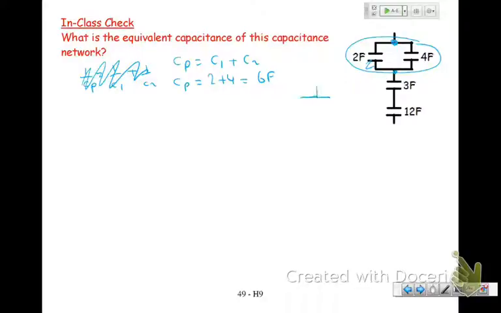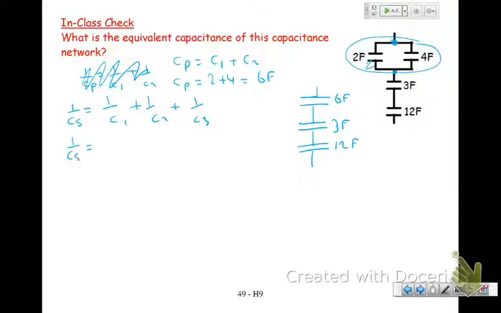So what I do now is I redraw my circuit. That's 12 farads, that's 3 farads, and that's 6 farads. And I go 1 over C series equals 1 over C1 plus 1 over C2 plus 1 over C3.